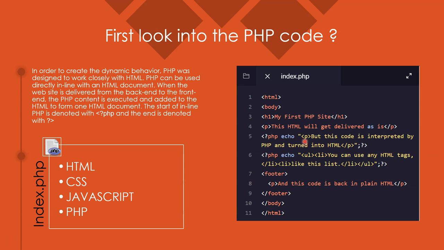So that is what I'm trying to make you understand. So a PHP file, say index.php, can contain HTML with inline CSS, JavaScript, and PHP. That is the beauty of PHP, that it combines various technologies in order to render a web page that can be dynamic in nature.